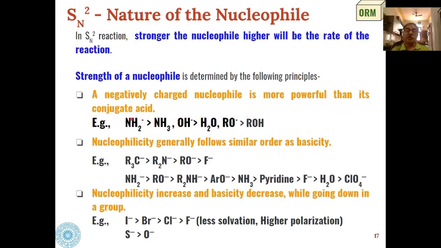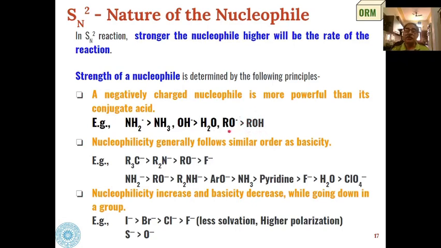So that means amide is a better nucleophile than ammonia, and hydroxide ion is a more powerful nucleophile than its conjugate acid, that is water. Similarly, alkoxide ions are more powerful than the alcohols from which they have been derived.